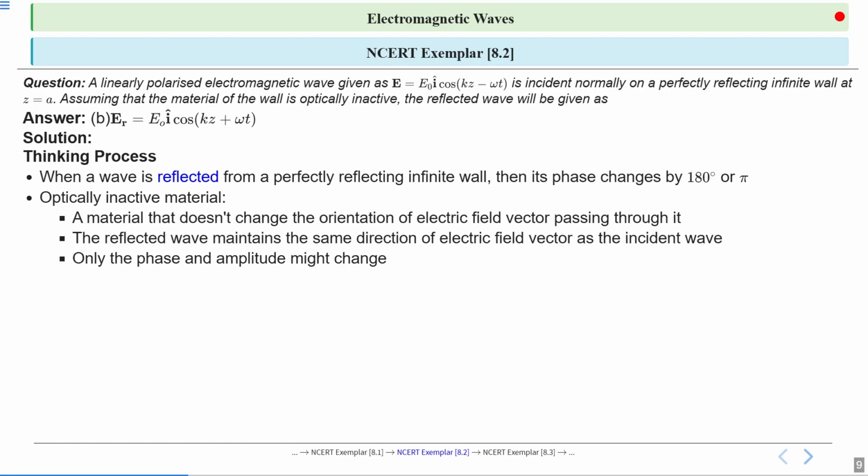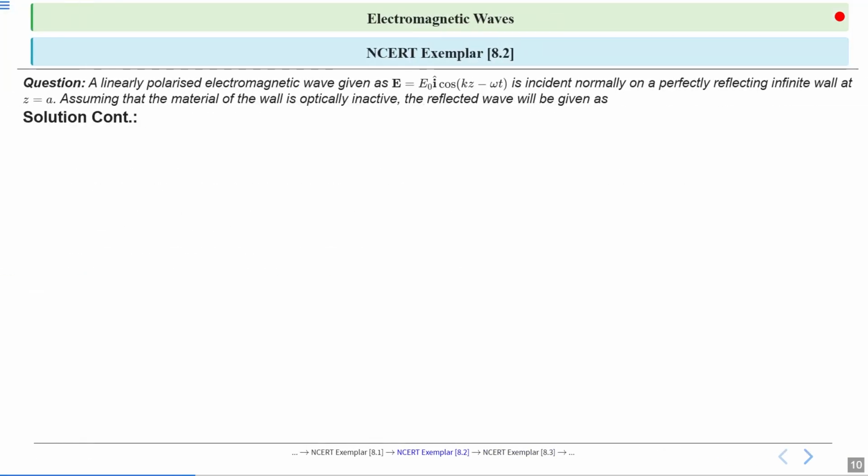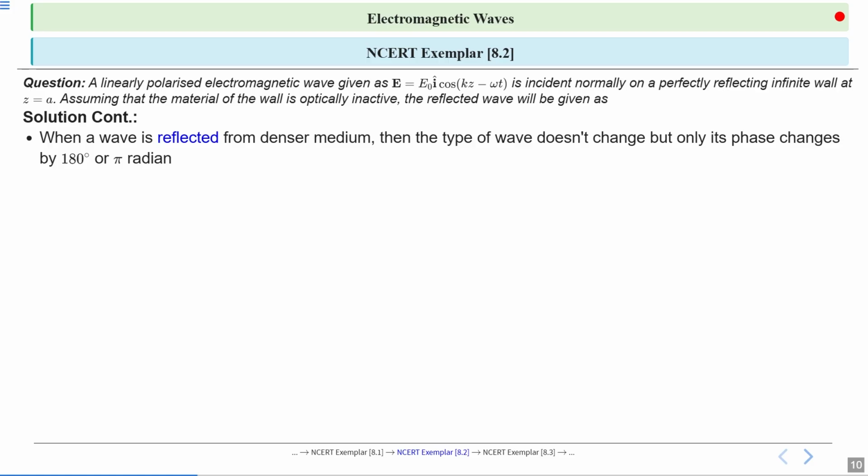Chiral molecules, achiral molecules, you may discuss these in organic chemistry. When a wave is reflected from a denser medium, the type of wave doesn't change, but its phase changes by 180 degrees or pi radians.